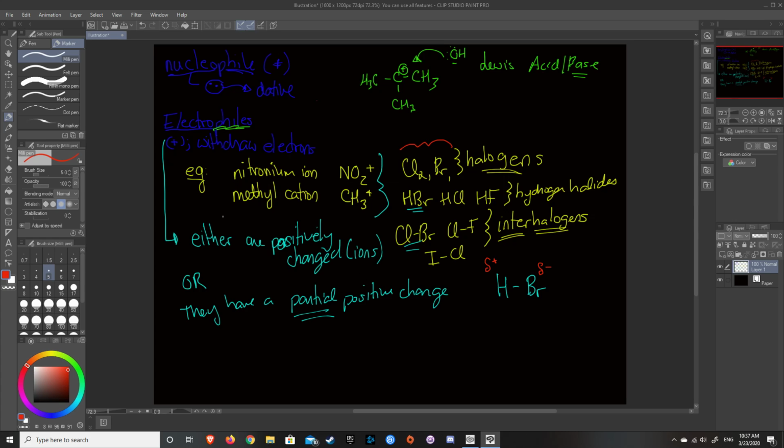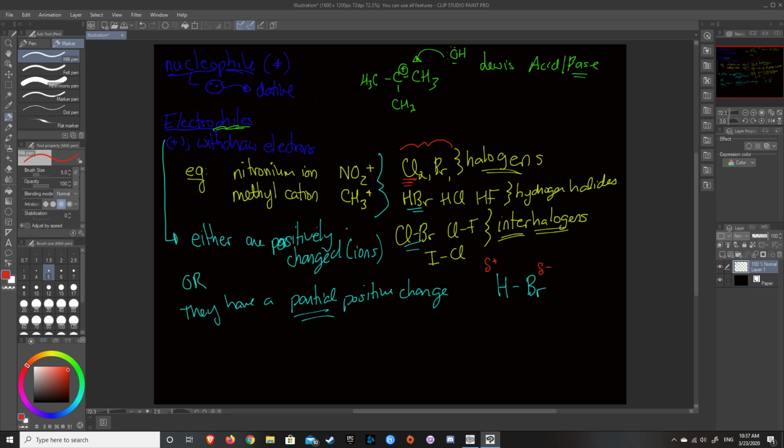So good electrophiles are typically positively charged, or they have a partial positive charge, and non-polar molecules also have partial positive charges every now and then, just based off of those London dispersion forces that we talked about in one of the previous units.